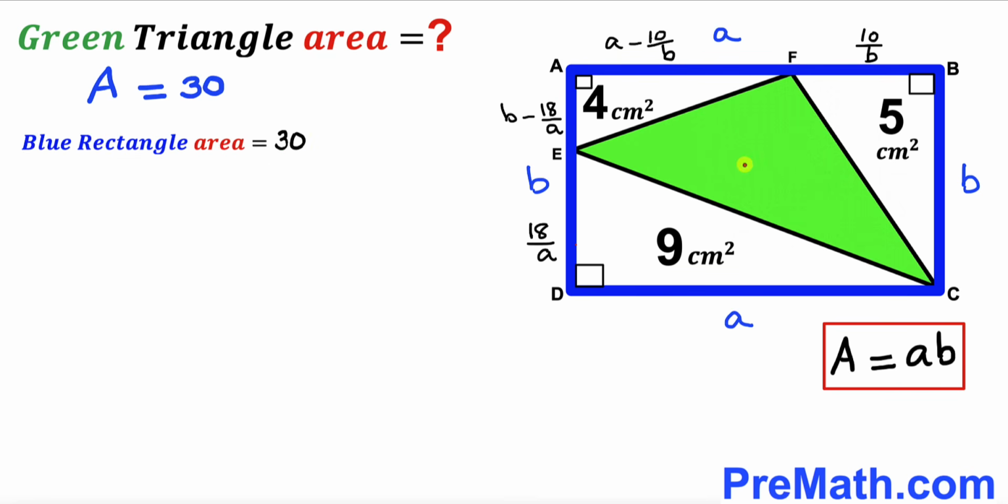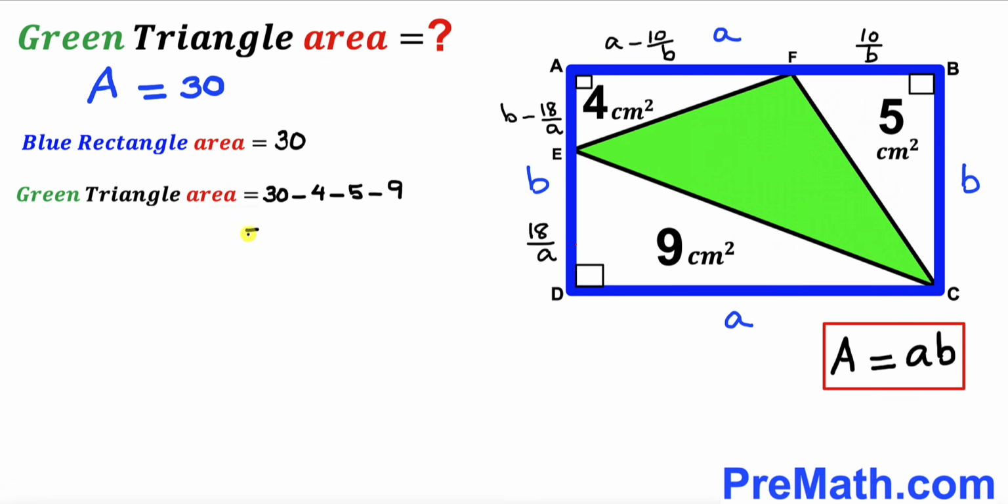So therefore now we can calculate the area of this green triangle. And this green shaded triangle area is going to be equal to the blue rectangle area minus these individual areas. We are going to add them. So therefore this green shaded triangle area is going to be this whole area, which is 30, minus 4 minus 5, and this other triangle area 9.